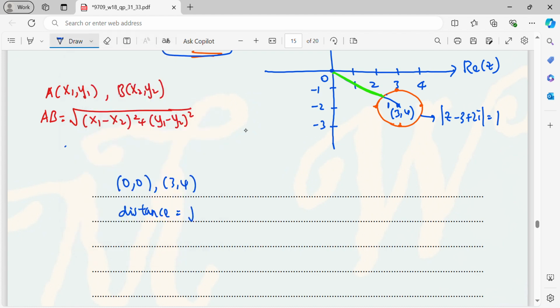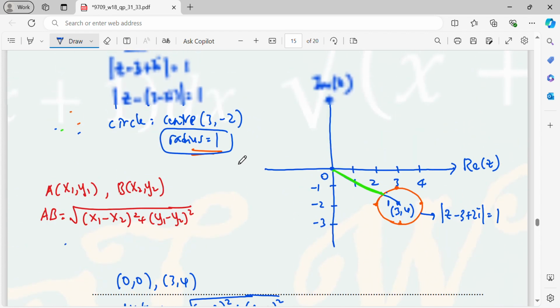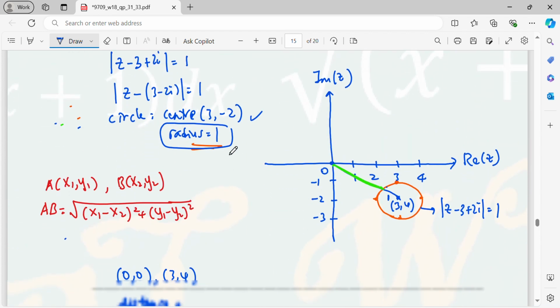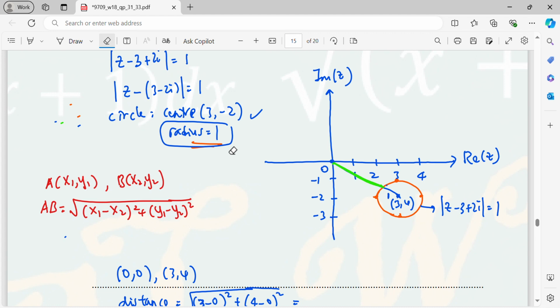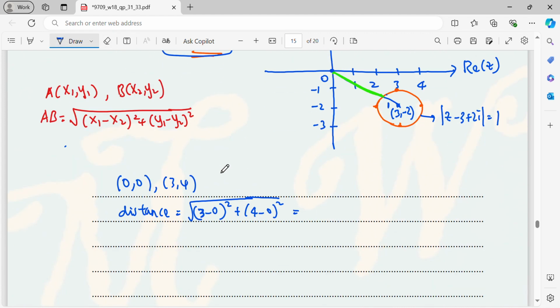That means here is going to be the square root of 3 minus 0 squared plus 4 minus 0 squared. Sorry, it's not 3, 4. It is 3, minus 2. Mistake. The center is at 3, minus 2, so here is supposed to be 3, minus 2.